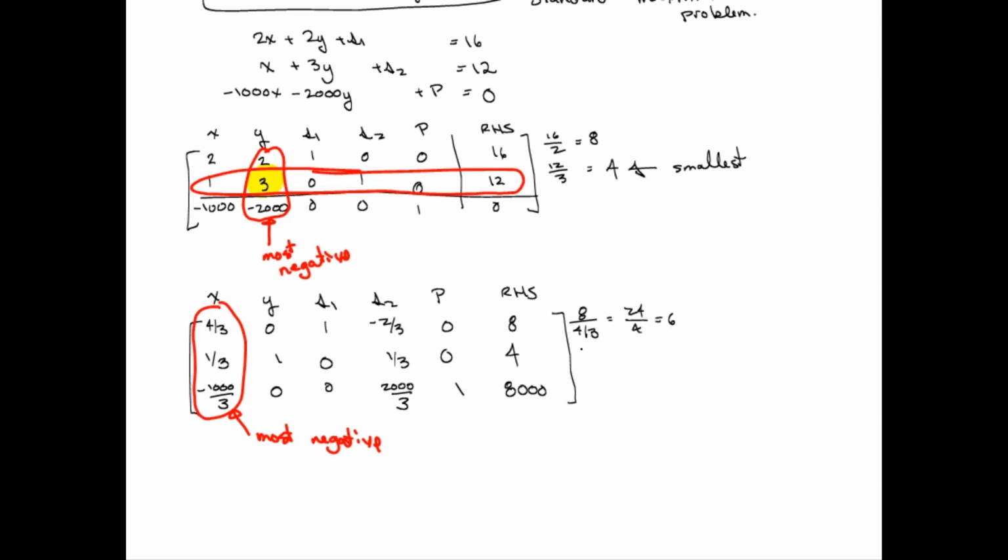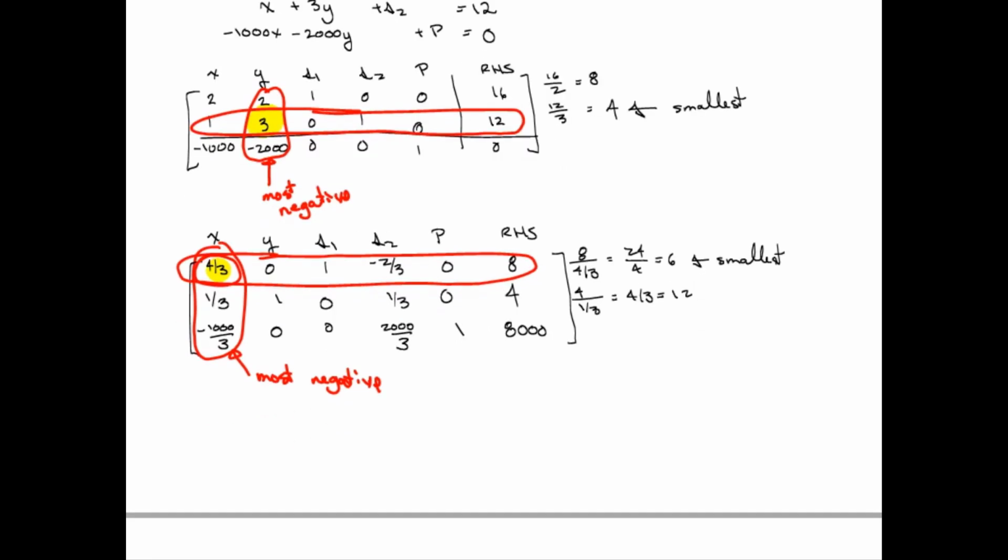Second row we have 4 divided by 1/3, which is 4 times 3, which is 12. Remember, we want the smallest quotient. So that's this first row. So here is my pivot row, and this first element is my pivot element, that 4/3. So you can do your row operations either by hand or using technology, and we will get our next tableau.